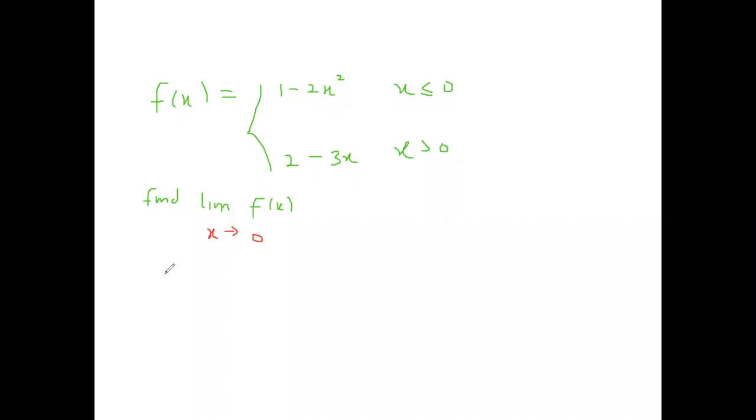First, you have to find the limit. The first step, you have to find the limit of the function from the left hand. So we're going to write first limit of f of x as x approaches 0 from the left hand, okay?